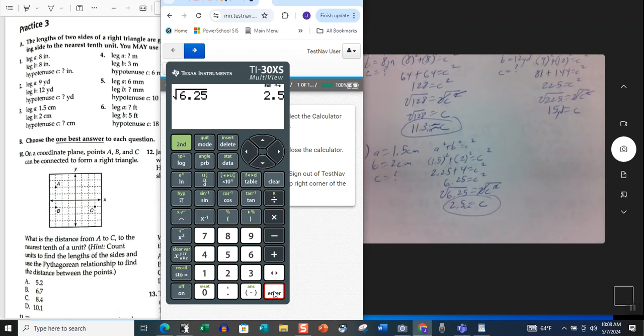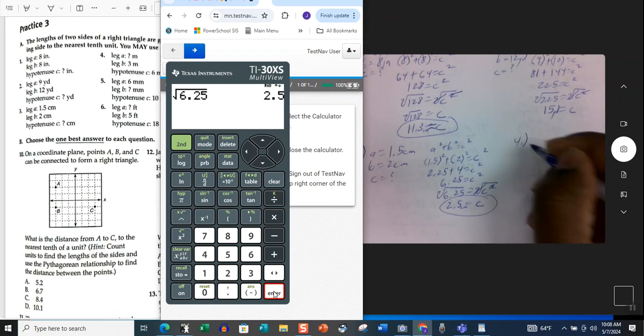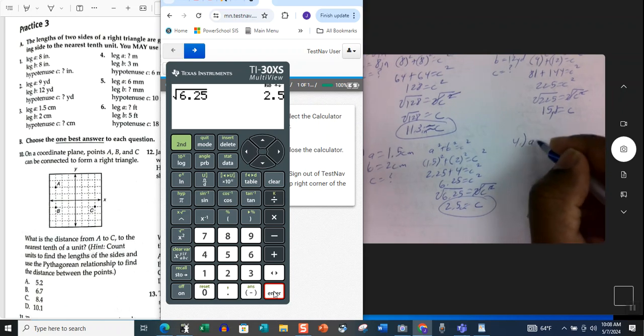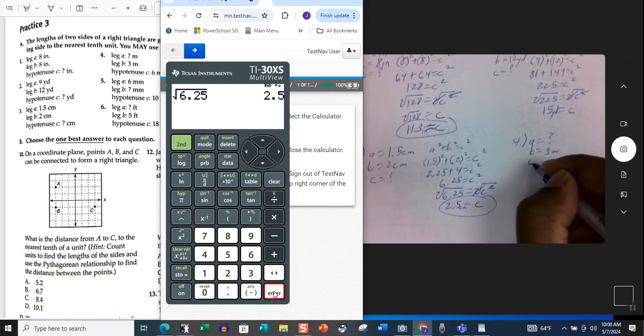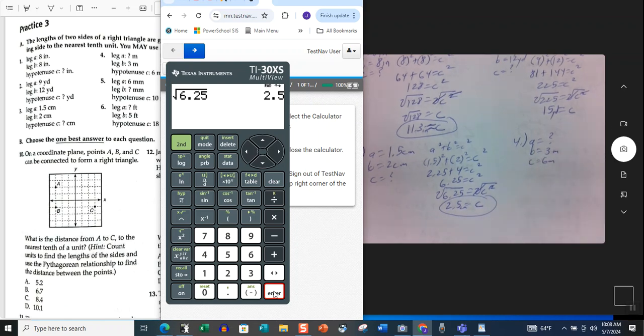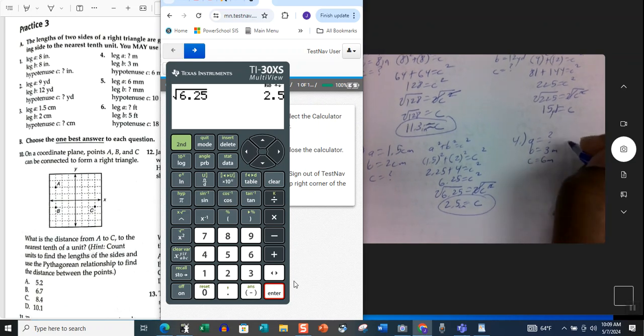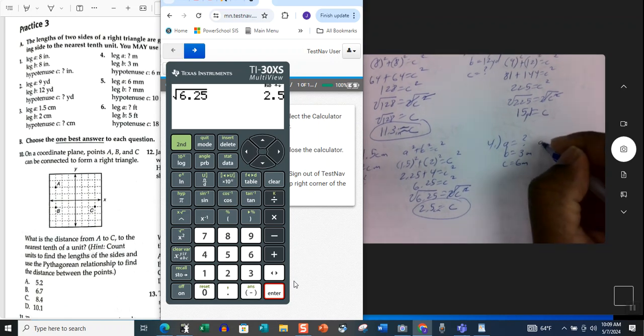Okay, now problem number 4. Now problem number 4 is a little different because we don't know what side A is. We have what B is, which is 3 meters, and we have what C is, which is 6 meters. All right, so now we will still do our A squared plus B squared equals C squared.